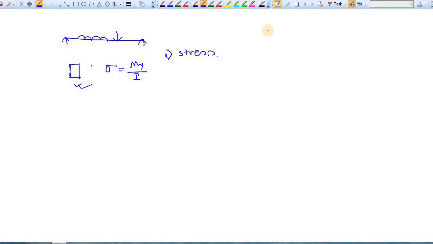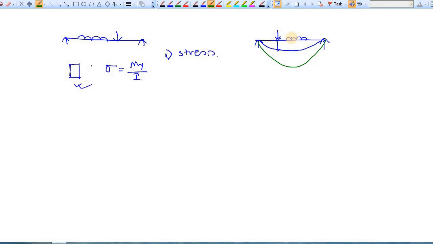There is another criterion. What is that? Let's say you have to design this beam, and this is under loading like this. After loading, what happens? It will deflect like this. If this deflection is too much, let's say this beam under this loading deflects like this.